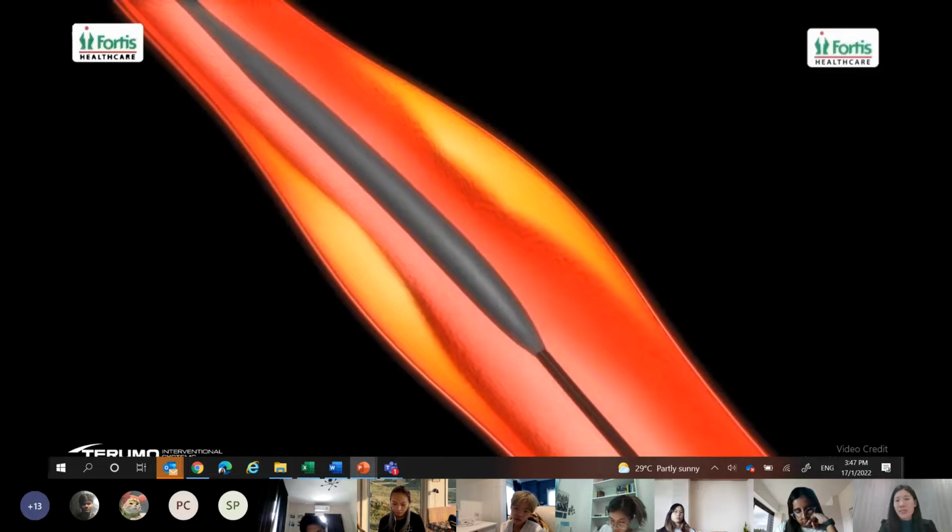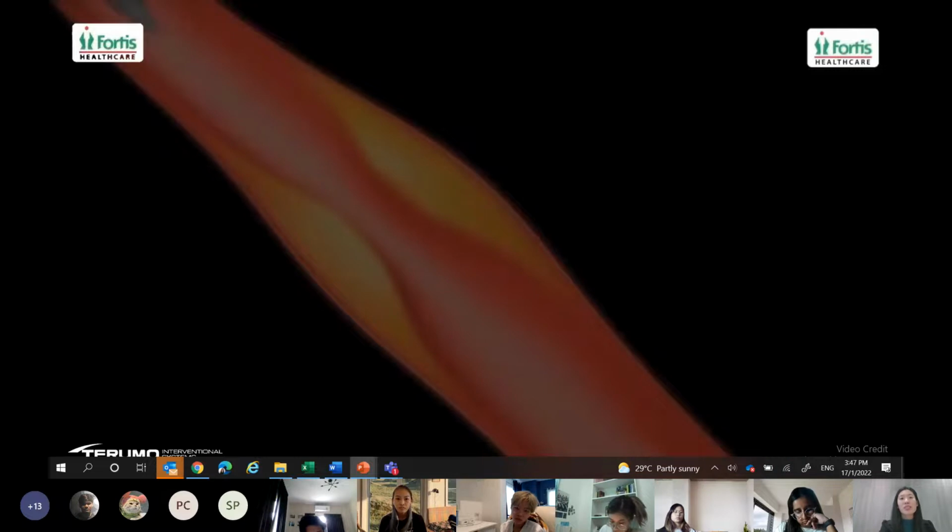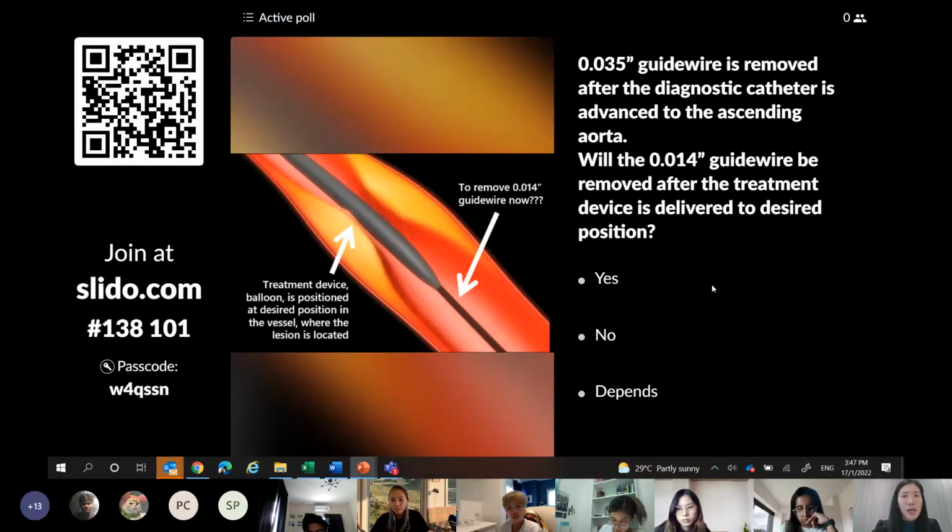And what happens is they try to compress the lesion so that the vessel size gets bigger. So a lesion at the yellow area, you see that the vessel size is smaller, but after the ballooning, you can see the vessel size regaining its diameter. So that's one way that treatment could be done.